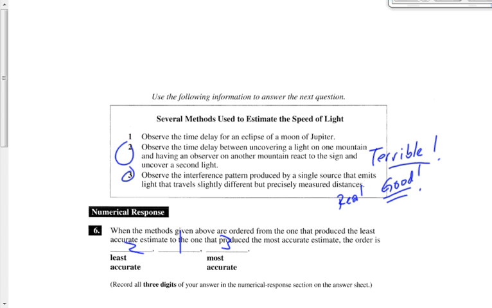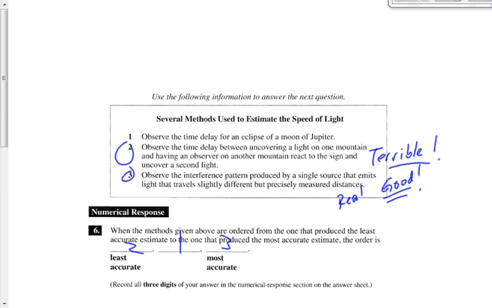Why would the first one be somewhere in the middle? Okay. In the end, if you measure a time delay when you uncover lanterns on one hill and another hill, the reaction time is so big compared to the time that it takes the light to travel, it's going to give you terrible results.